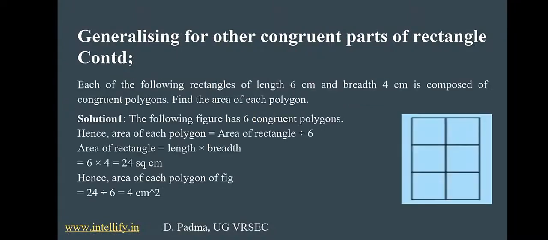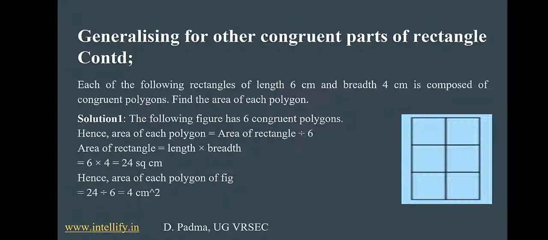Here is another example. Each of the following rectangles of length 6 centimeters and breadth 4 centimeters is composed of congruent polygons. Find the area of each polygon. Here they divided the rectangle into 6 parts. The following figure has 6 congruent polygons, hence the area of each polygon equals area of rectangle divided by 6.